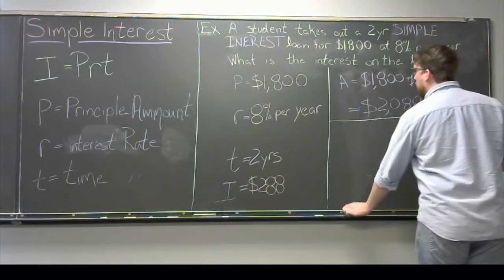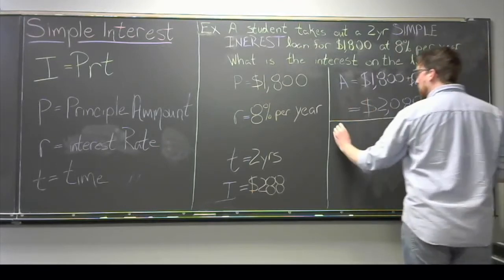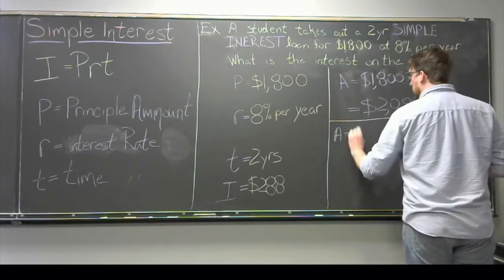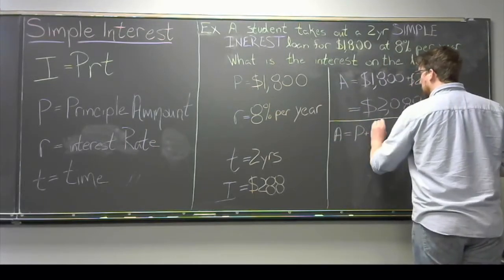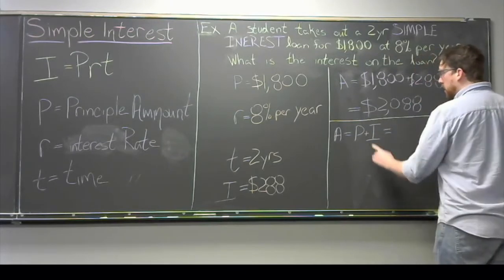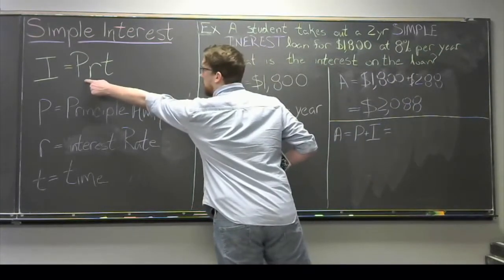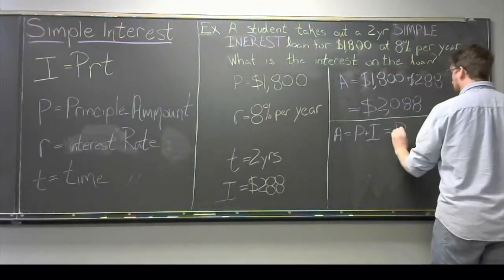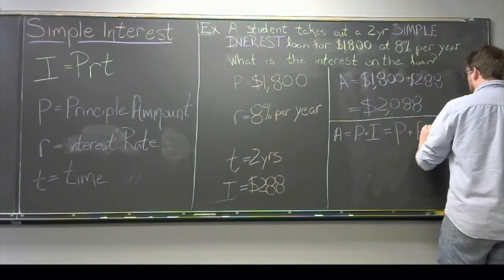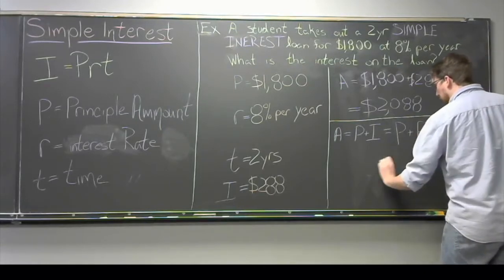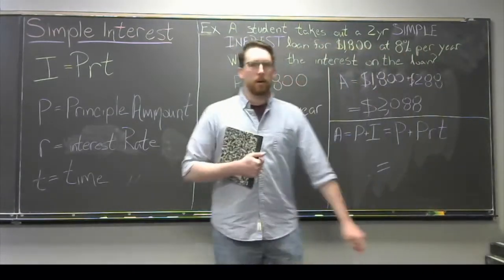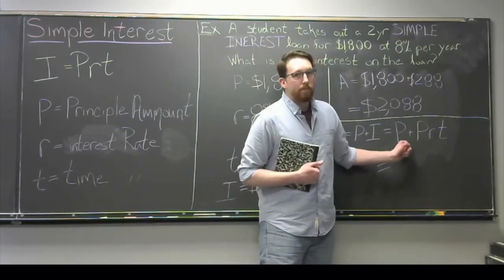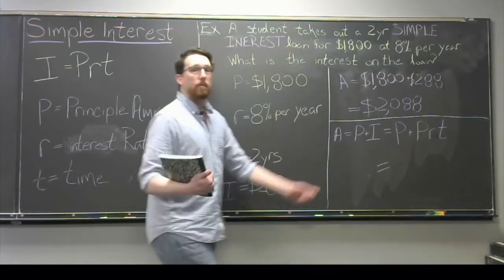If we think about what we've just done here, we said that the amount owed is equal to the principal amount plus the interest, but the interest is equal to the principal amount times the rate times time. So that's P plus PRT. Notice here, we've got these two P's though. Means we can factor them out.